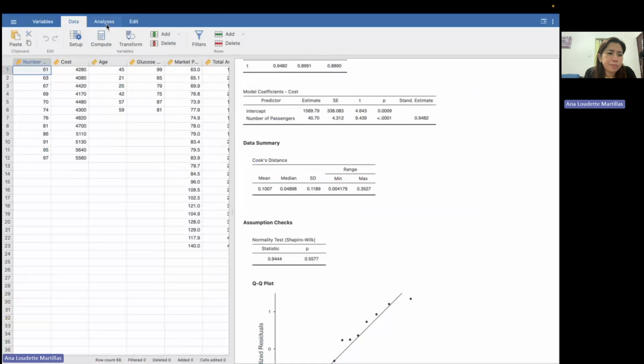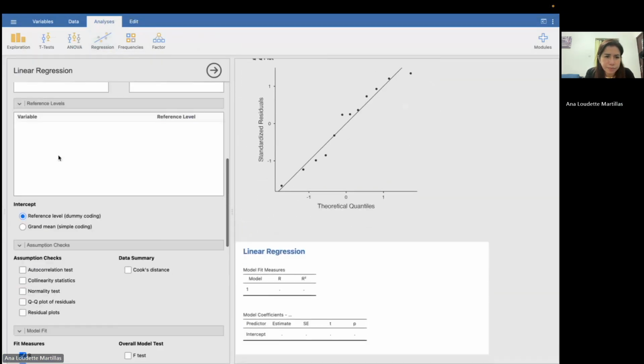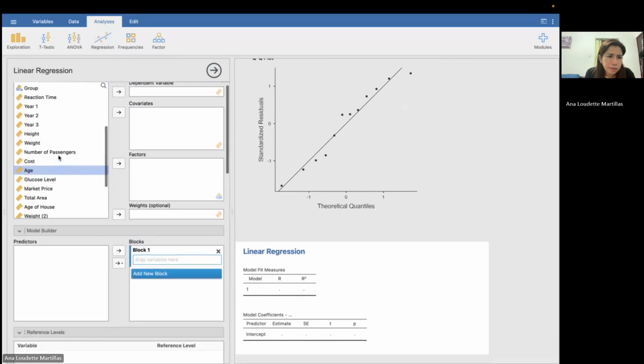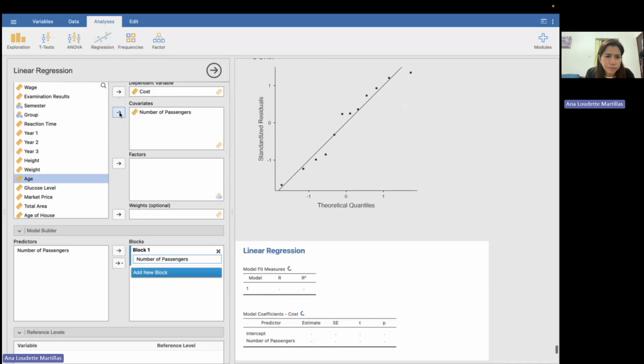Then to perform the regression analysis, you have to click analysis, click regression, then linear regression. Move cost to the dependent variable and the number of passengers to covariates.